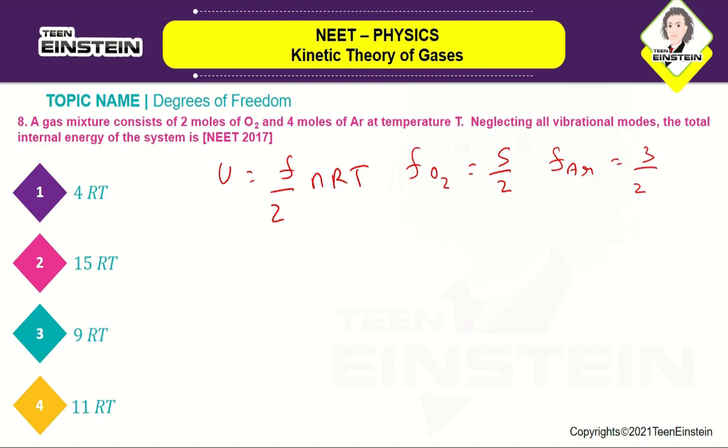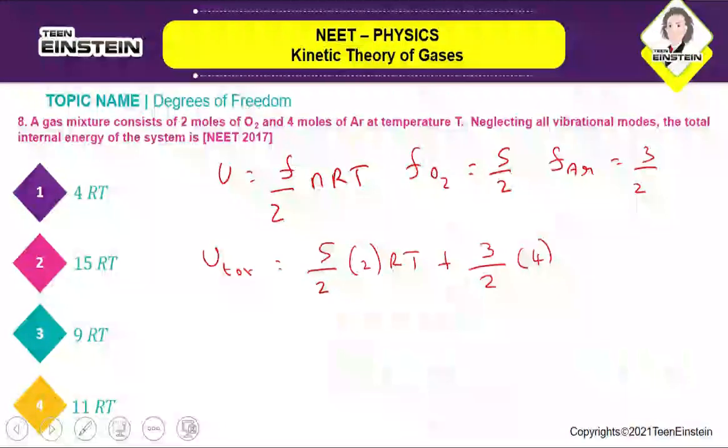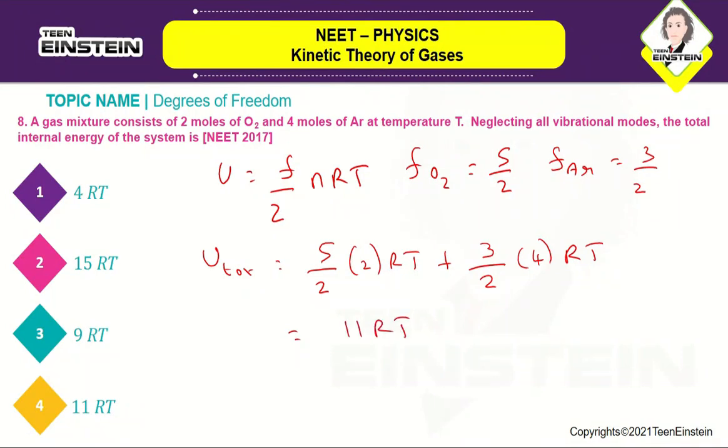Okay, so the total energy U total is given by 5 by 2 into 2 RT plus 3 by 2 into 4 RT. So if you solve this, you will be getting it as 11 RT.